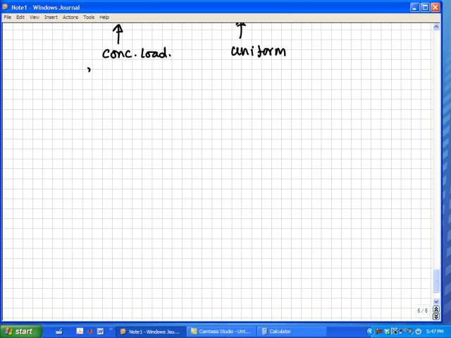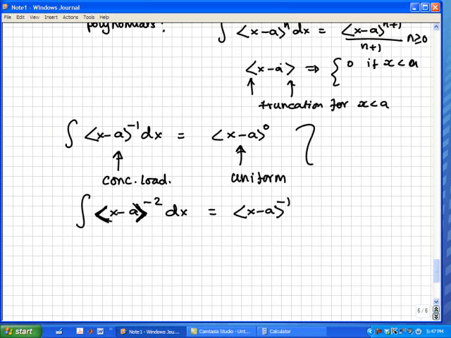Similarly, the integral of <x minus a> to the power minus 2 dx, remember this is all ramp, this truncated function business, is a concentrated load, that is <x minus a> to the power minus 1. This is not at all like polynomials. So these two are special, not like polynomials. I want you to understand that. These are just rules that enable us to do all kinds of complicated things.